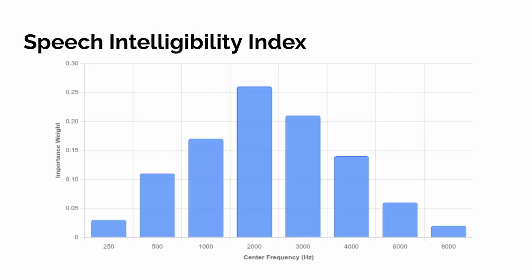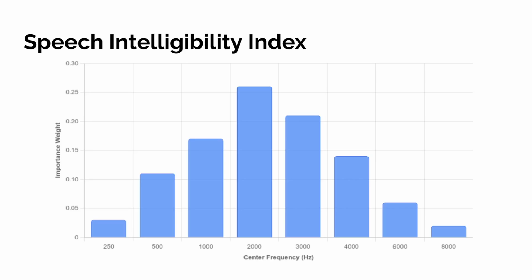Here is a visualization of the band importance functions for the Speech Intelligibility Index. What I'm trying to communicate here is that not all frequencies contribute equally to speech understanding. We have the quote-unquote speech hub between 1,000 and 4,000 hertz. That's where the mid to high frequency range is dominant, peaking sharply at 2,000 hertz.